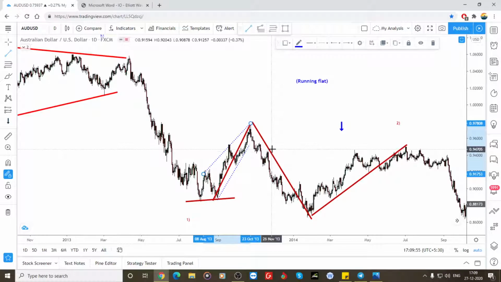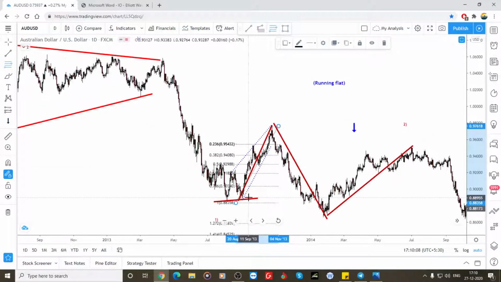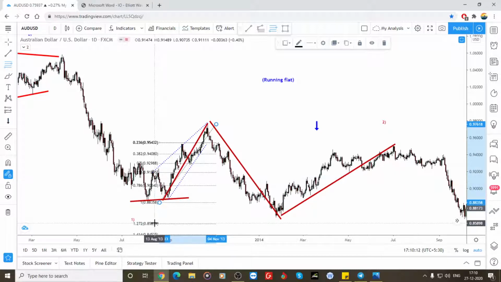In that case, how deep can it go for the irregular flat? How do we calculate it? Take a fib retracement from 0 to the high it made. The key golden ratio for the running flat, or the irregular flat, is 1.272.